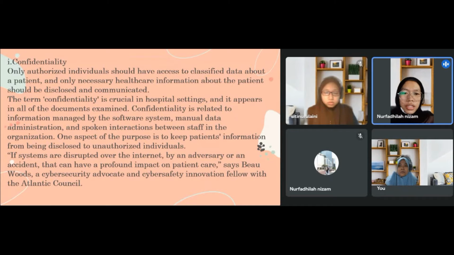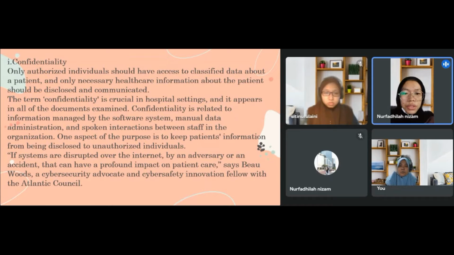The term confidentiality is crucial in the hospital setting, and it appears in all of the documents examined. Confidentiality is related to information managed by the software system, manual data administration, and spoken instruction between staff in the organization.